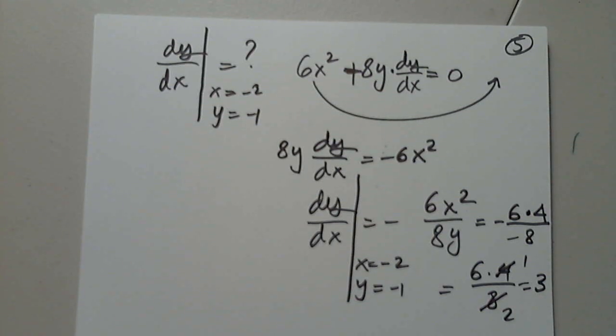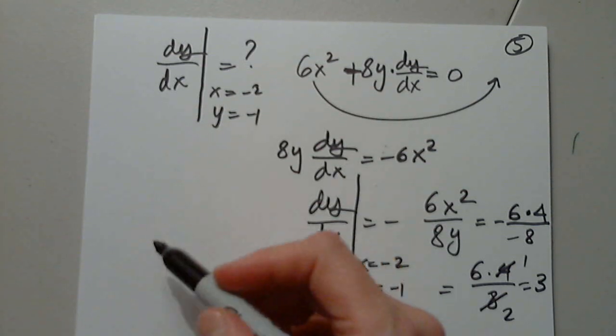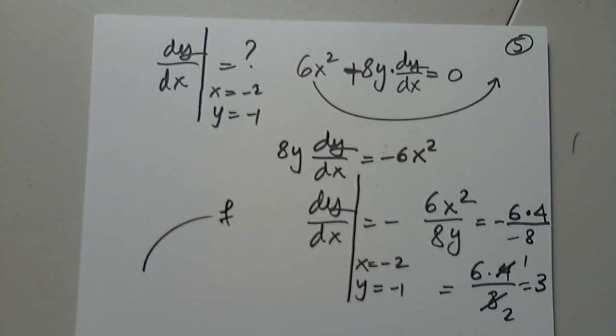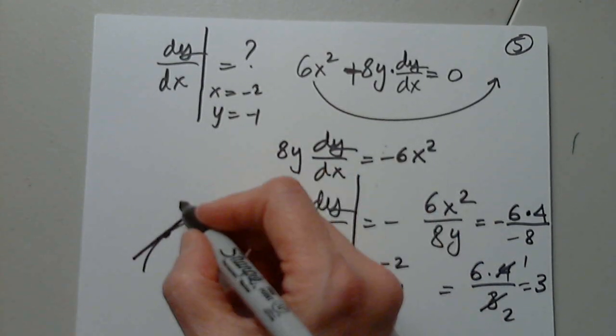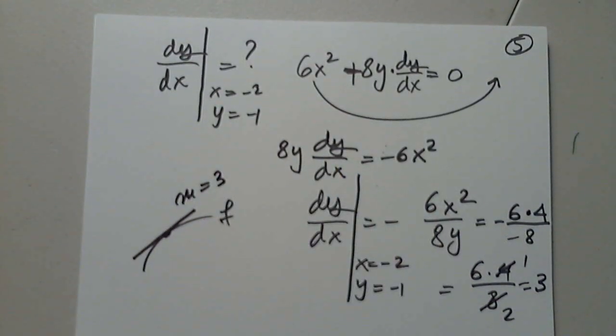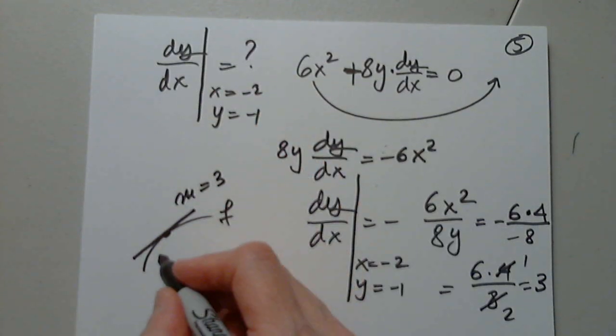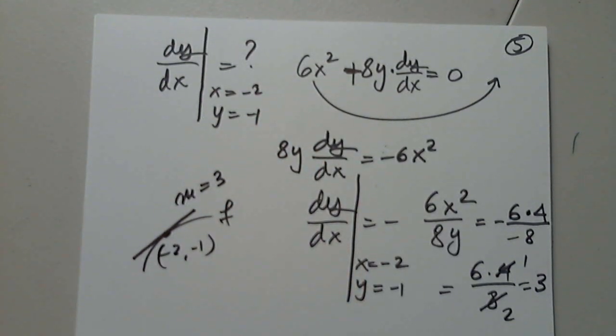And this is it. 3 is the slope of the tangent line. In other words, if this is the function, which I don't have, at this point, the slope of the tangent line is 3. Which point? Negative 2, negative 1. Great job. Any questions?